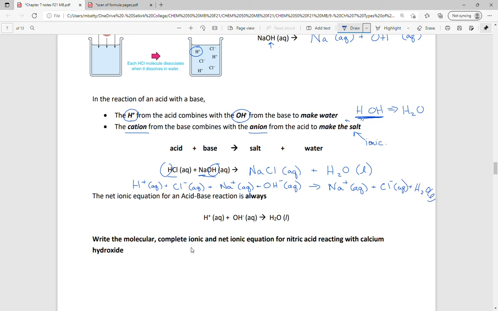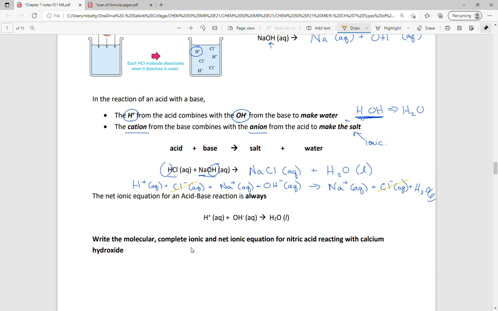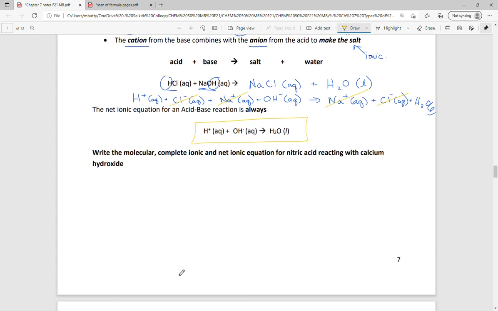So that's the complete ionic equation. If I take anything that is a spectator ion and remove that from my equation, I'm going to be left with the net ionic equation. And the net ionic equation for any acid-base reaction again shows that driving force of the chemical reaction, in that we have our hydrogen and our hydroxide forming water. And formation of water was that driving force of a chemical reaction.